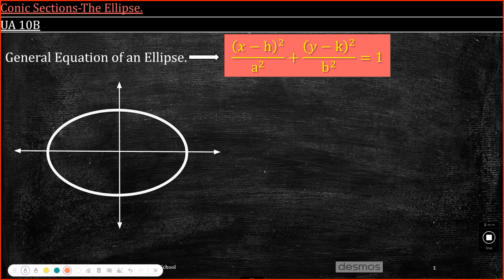Okay. So what are the different things that we have to name and identify? These endpoints here on the top and the bottom, and on the left and on the right, are going to be called vertices and co-vertices.